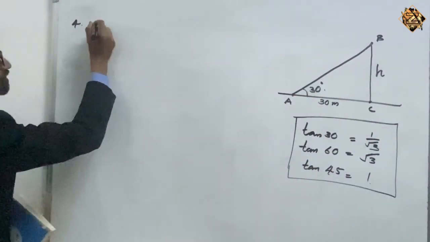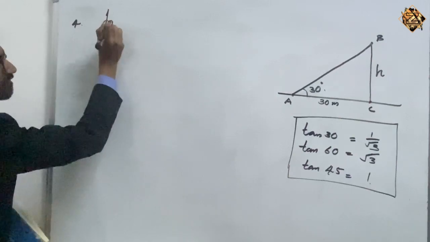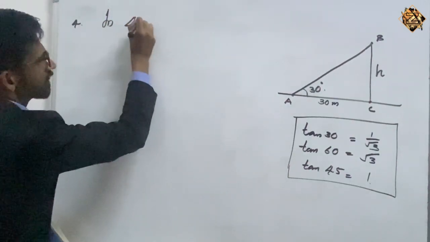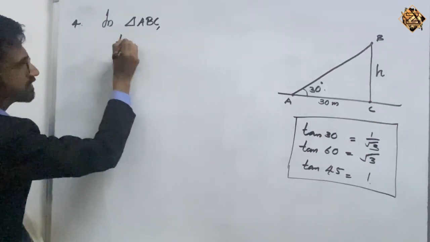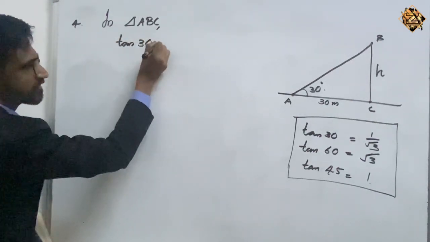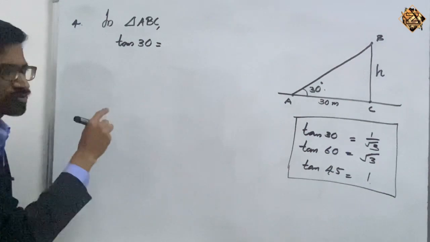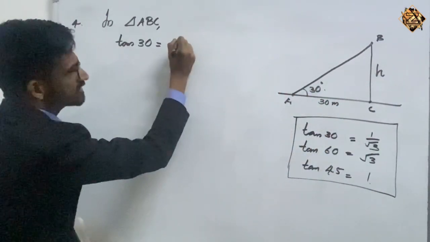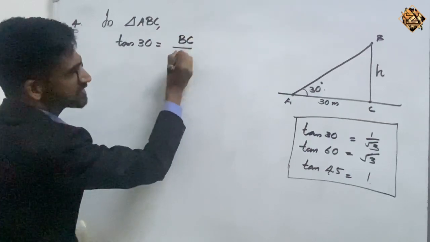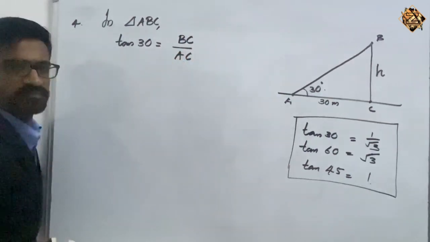So answer: we'll select the triangle first. In triangle ABC, tan 30. By definition of tan, it is opposite by adjacent. So opposite is BC, by adjacent it is AC.